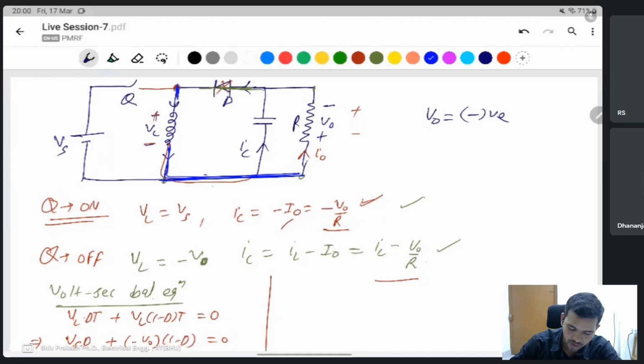Observe this one, when the switch is off, IL current flows here. If you take the average of this one, then the average of the capacitor current is 0.